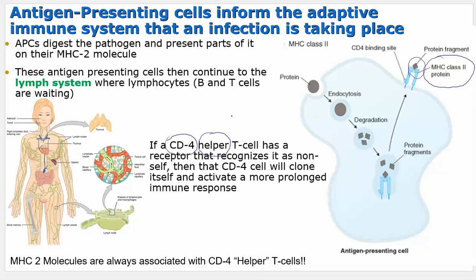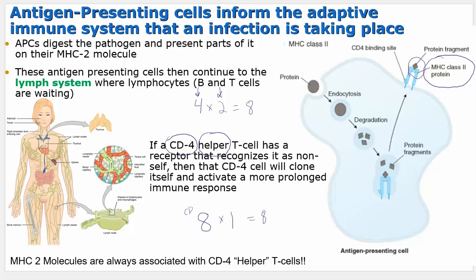The way to remember that is that 4 times 2 equals 8. So MHC2 goes with CD4. Jumping ahead, it matters that MHC1 is associated with CD8, and so that also equals 8.